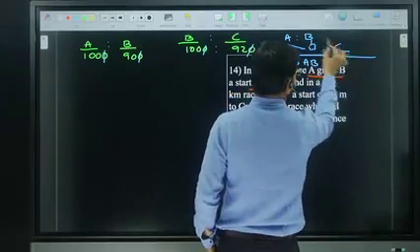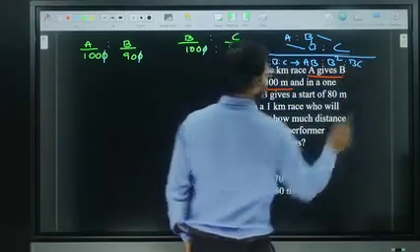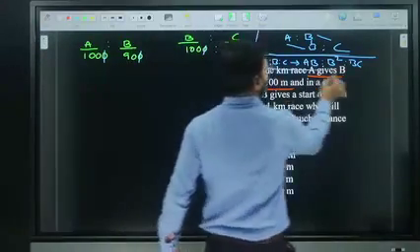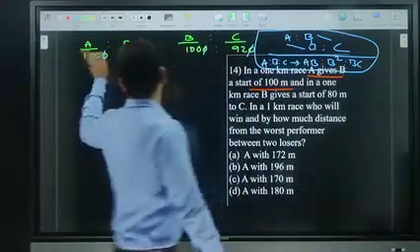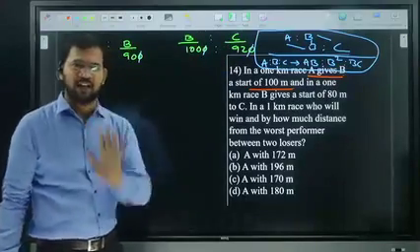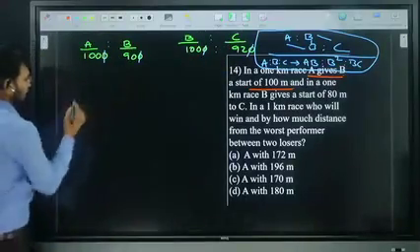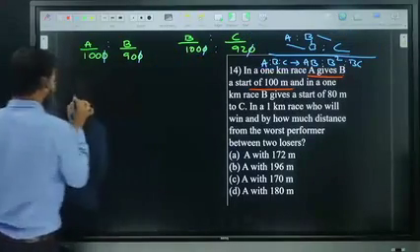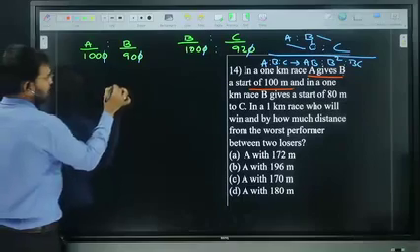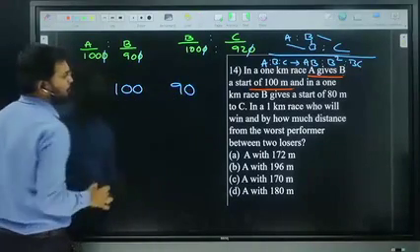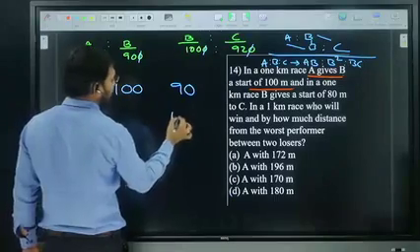For the third, I take these two, that is BC. Whenever the ratio and proportion chapter is there, you can get this. Here I know A is to B, here I know B is to C, then I go for A is to B is to C. All of you clear? So look at me, all of you. A is to B is 100 is to 90. B is to C is 100 is to 92.